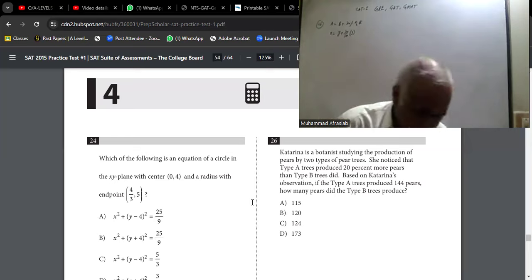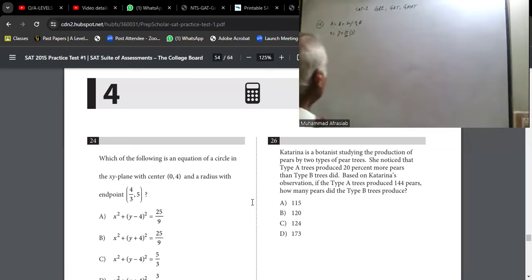they are producing 144. So A is going to be 144. This is Y plus 1.2 of Y. So this is equal to 1.2Y equals 144, or Y is equal to 144 over 1.2.